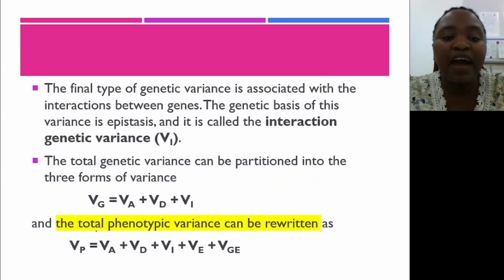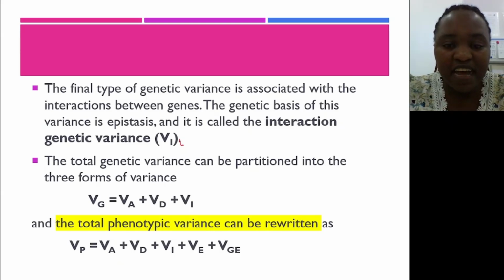Then we have the final type of genetic variance, associated with interactions between genes. The genetic basis of this variance is called epistasis, and it is called the interaction genetic variance, VI.